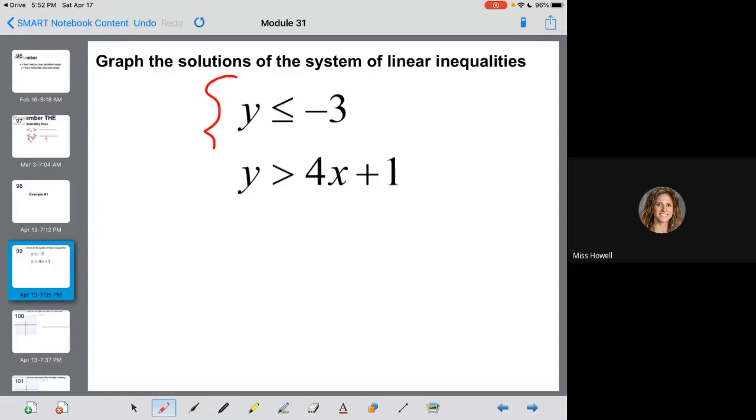So we have two problems that create one big system. We need to graph them individually, and then we only keep the shaded section where they overlap or it works for both. So your first time through, you want to make sure that you're doing things very super light and faint, because it's not your final answer until you find the solutions that work to both.